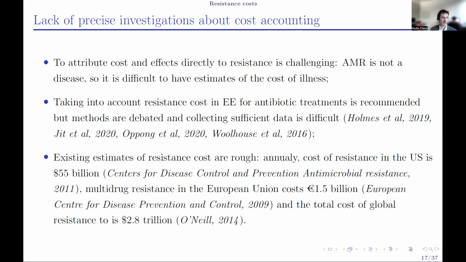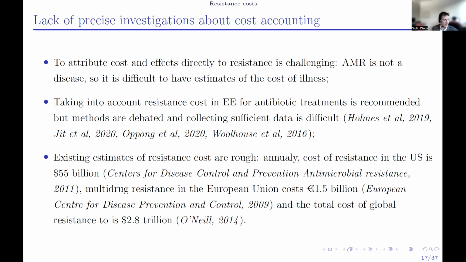We also have some studies that try to make estimations, but what I found is that we still have a lot of inconsistency between the different approaches used, because, as I said, it's not classified as a specific disease. So depending on the methods and on the perspective you are applying, you have different numbers.